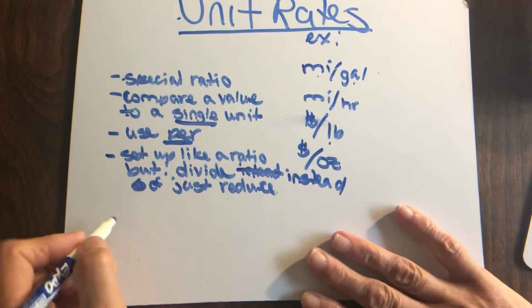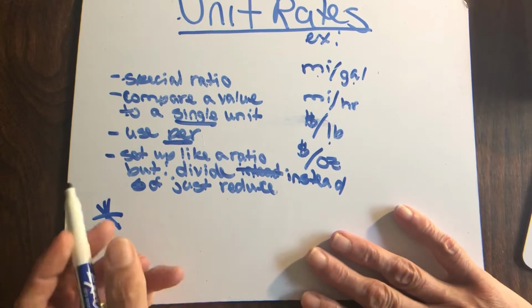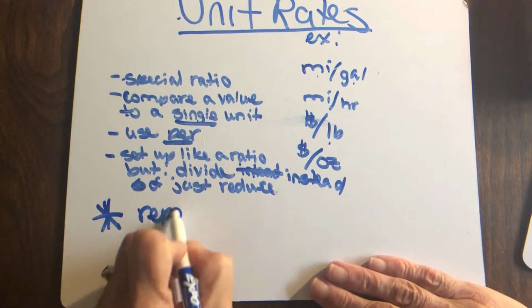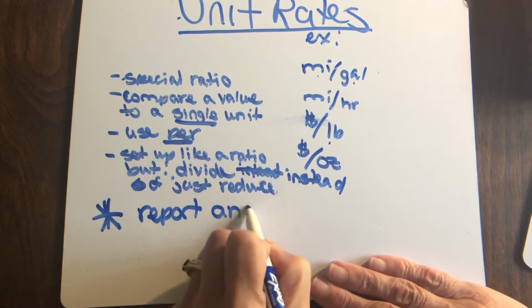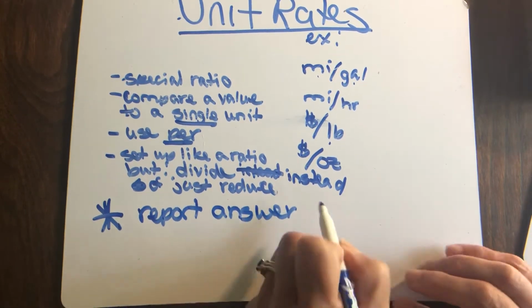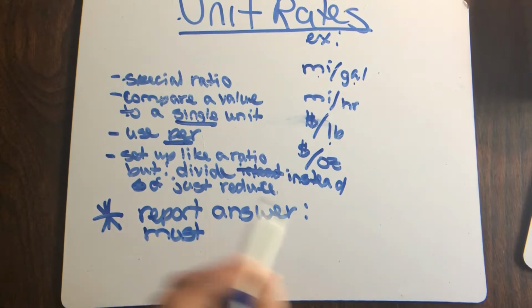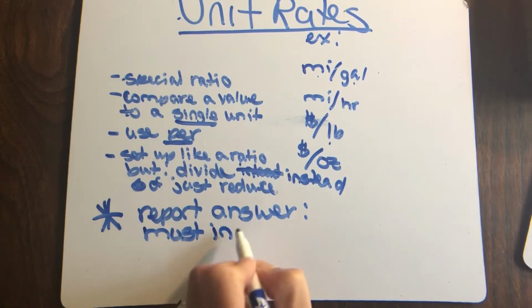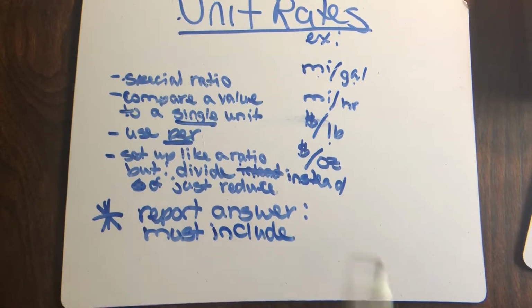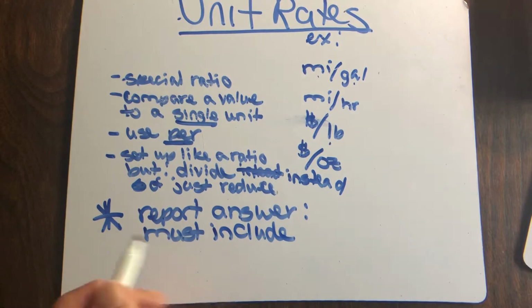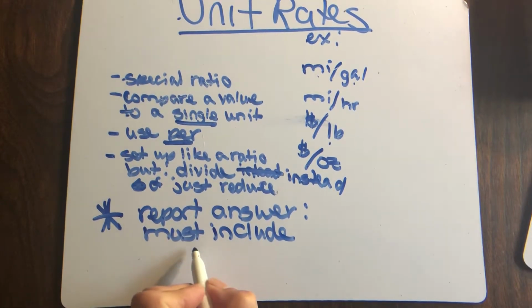And one thing I neglected to mention is when you report your answer as a unit rate, you have to include the names of the units. For instance, I gave an example with my car.